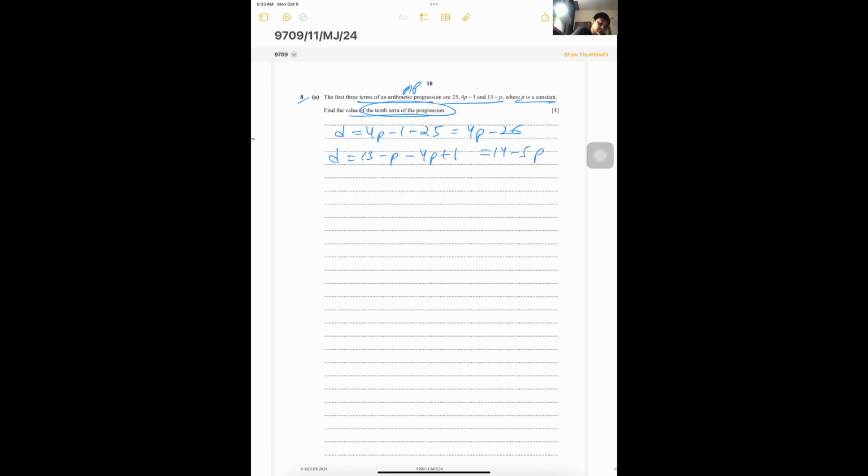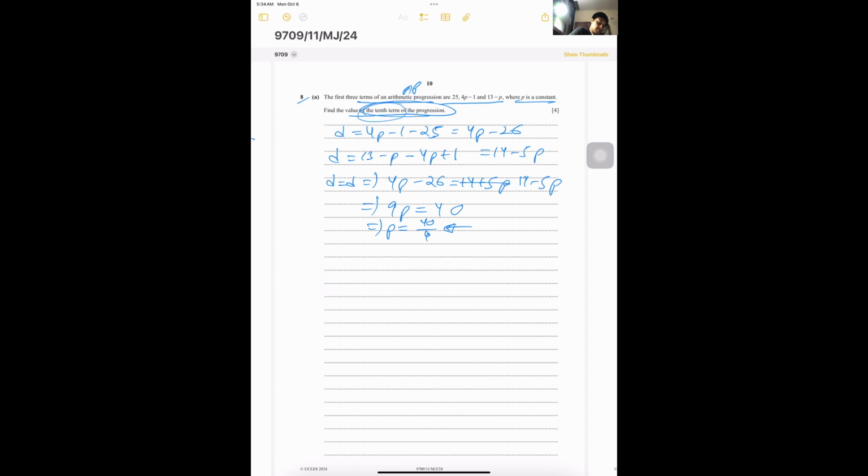We know that d equals d, so we are just trying to find the value of p first, because we need that for the 10th term. So 4p minus 26 minus 14 plus 5p is equal to 14 minus 5p, or 9p is equal to 40, or p is coming 40 by 9.